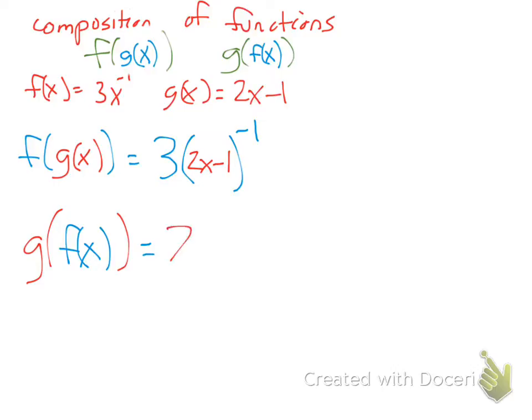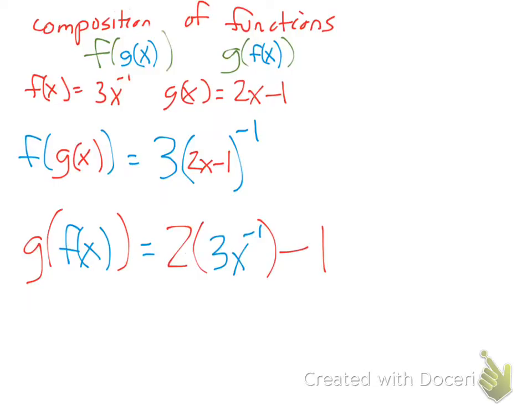That was 2 times something minus 1, and that something was supposed to be an x. Do you see that from here? What's going to go where x was? f of x is 3x to the negative 1.